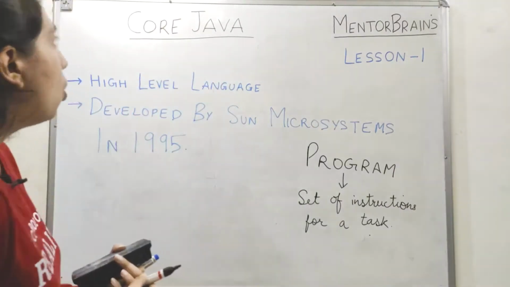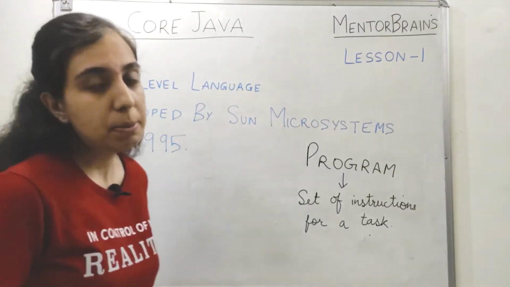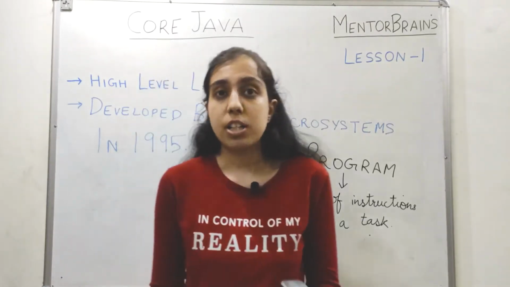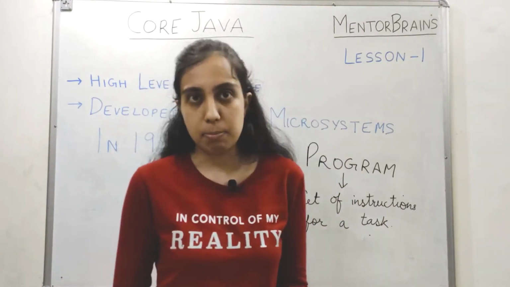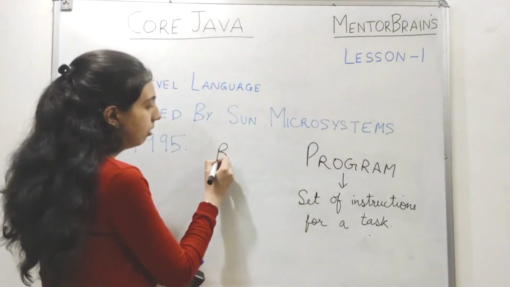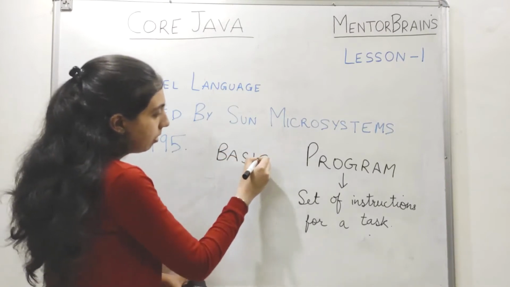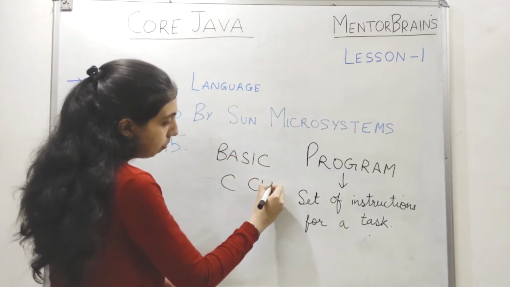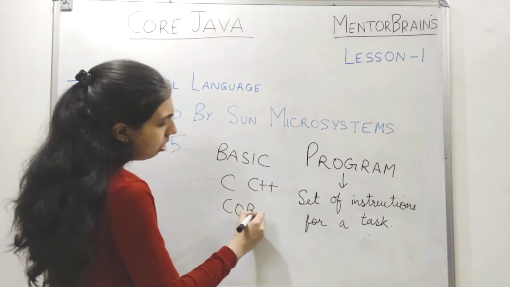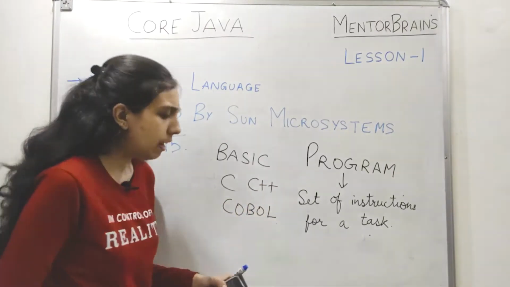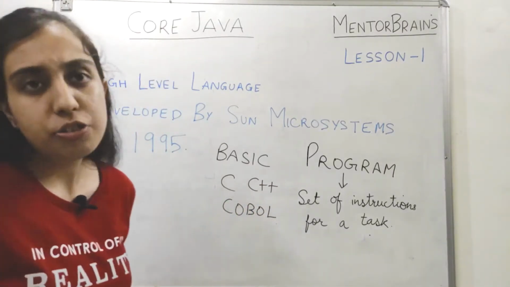Okay, so we are going to start with Core Java, but before that, let's see what other programming languages were already available. We had BASIC, we had C, we had C++, COBOL, and a lot more programming languages were available before Core Java was introduced.